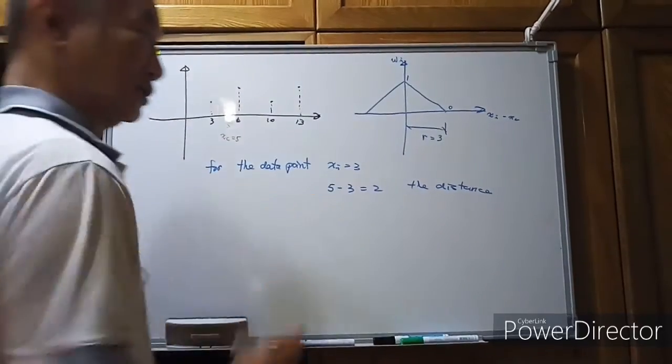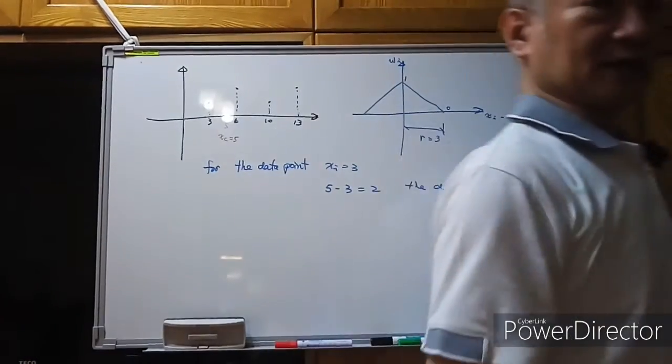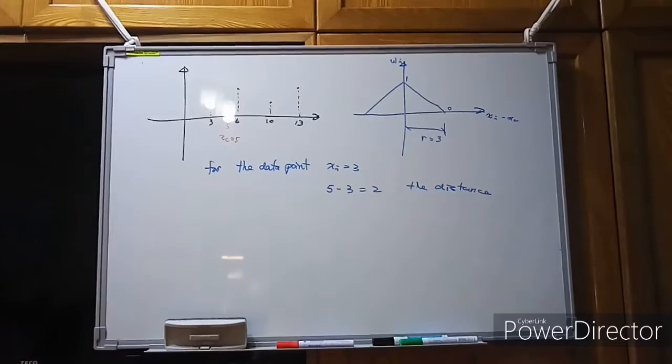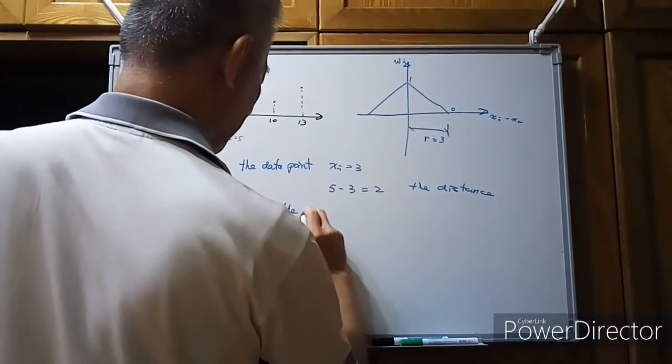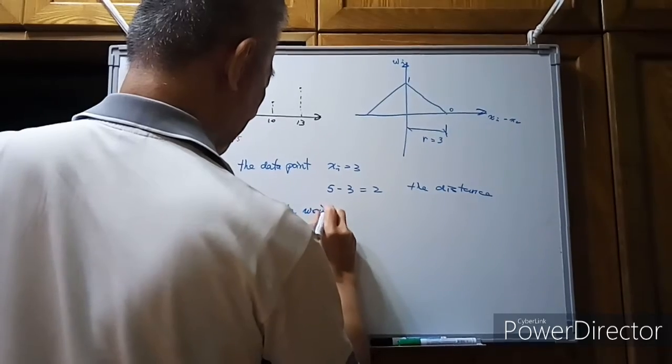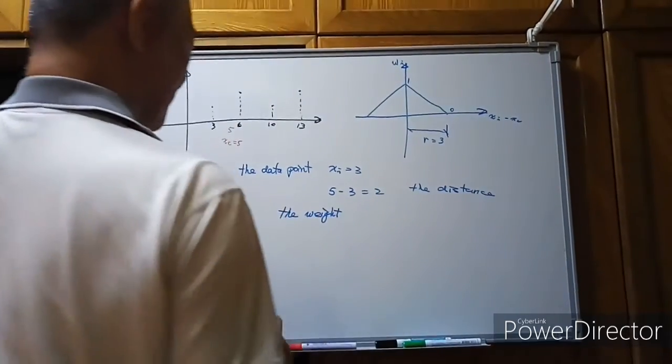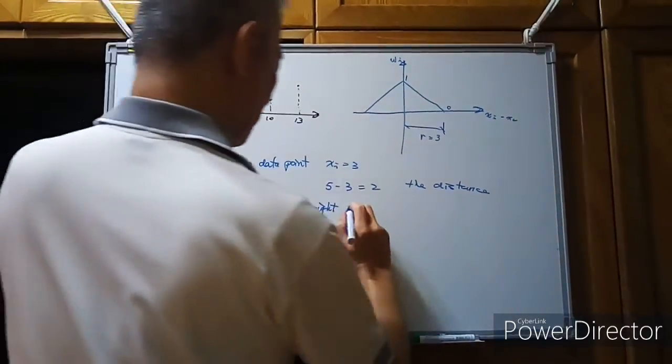The distance is equal to 2. Then we can calculate the weight for this point.